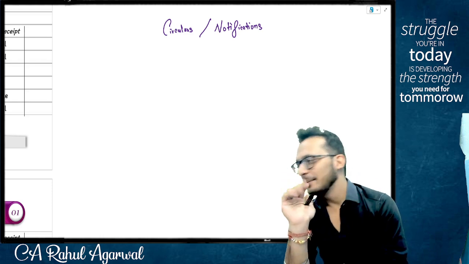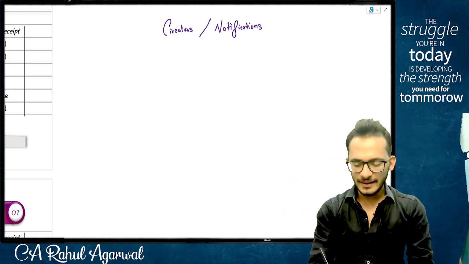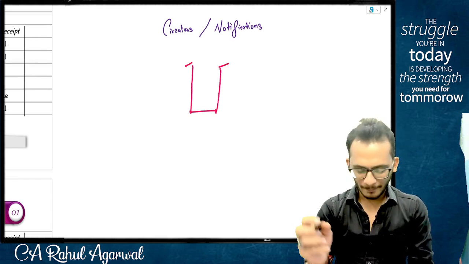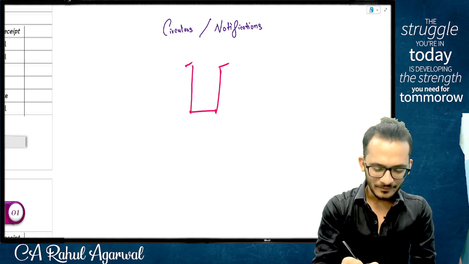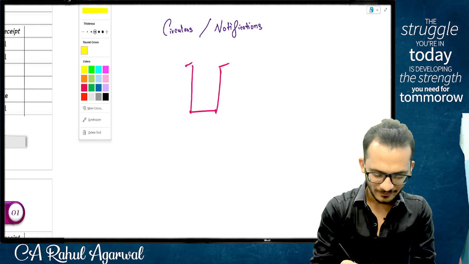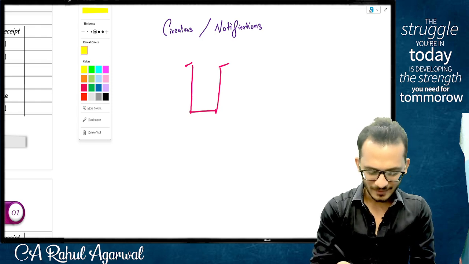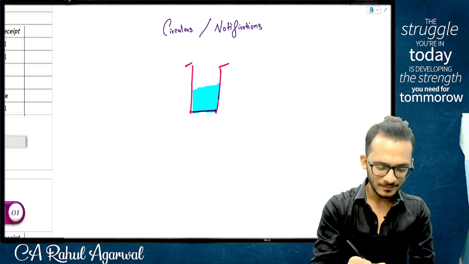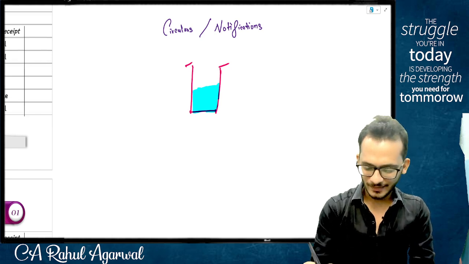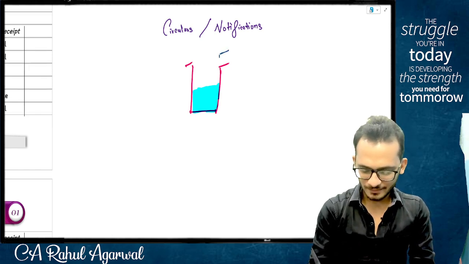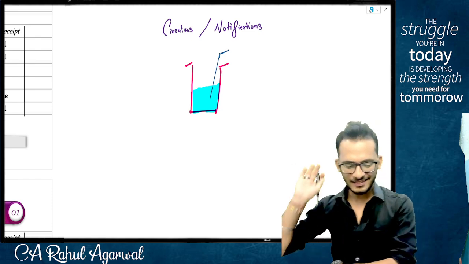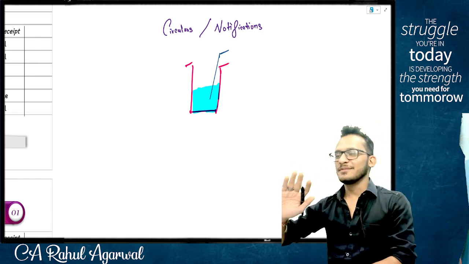Let me try this. I'll give you a simple example, people. Imagine I'm drawing a drawing. This is a drawing, some drawing, people.